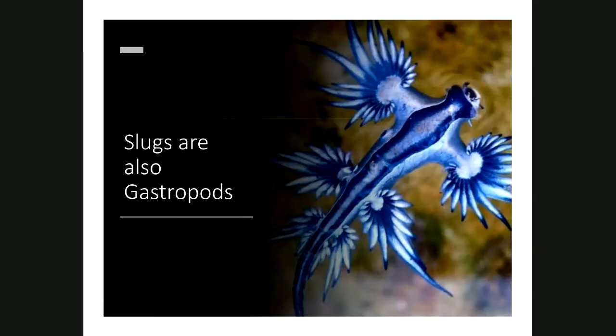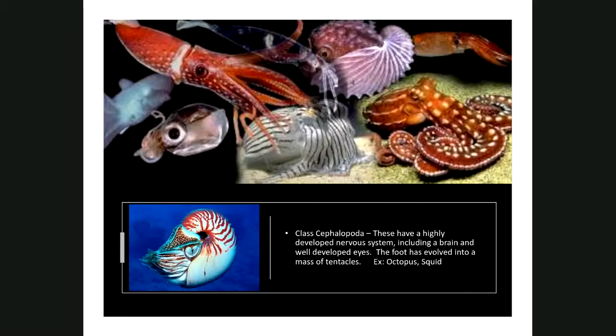Okay, so slugs are also gastropods, right? You have sea slugs and your garden slug. That's extremely varied as well. And the last group are the cephalopods. The cephalopods are also extremely varied.